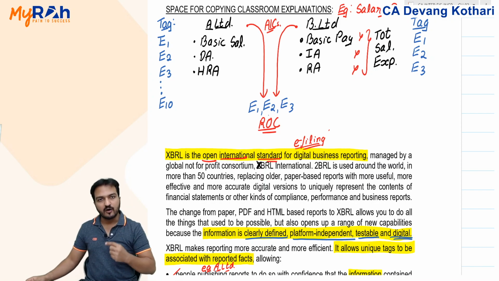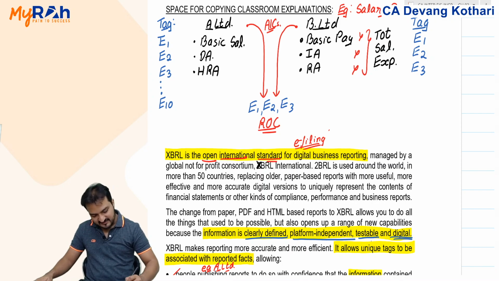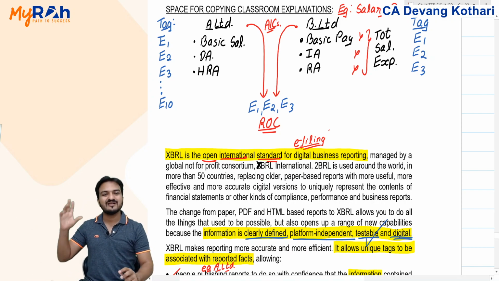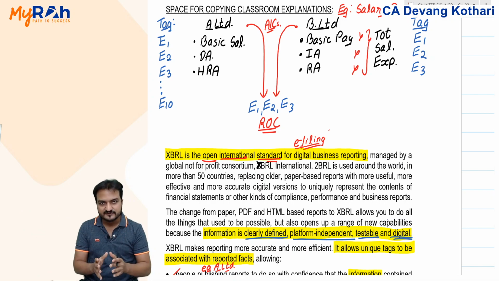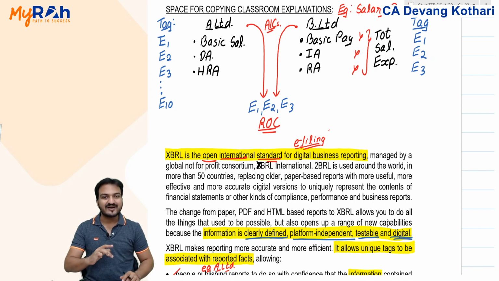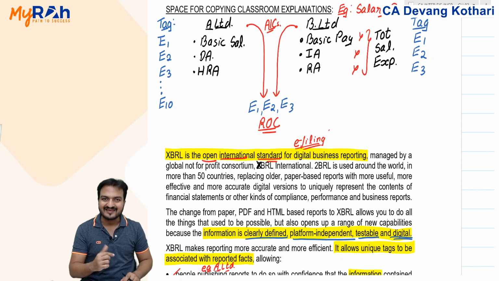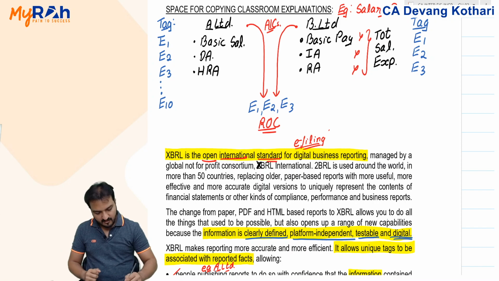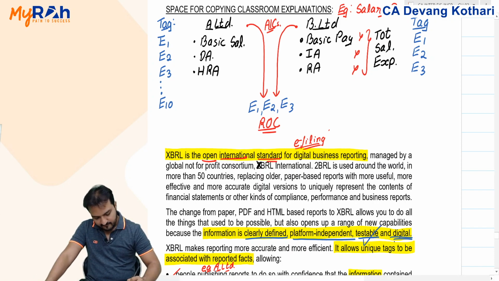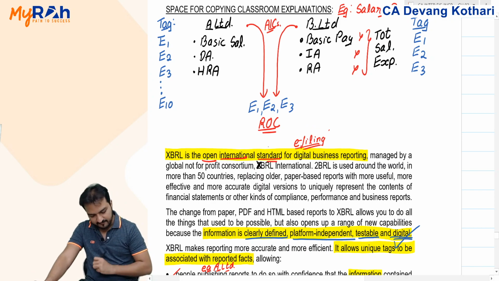The filing format itself is such that it is testable by the software automatically. The server will contain some testing rules by which it can automatically test whether what you are filing is correct or not. That makes it testable. And digital says that it is e-filing.